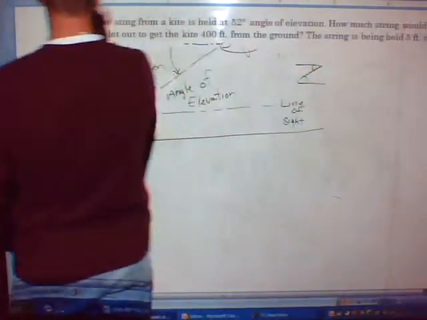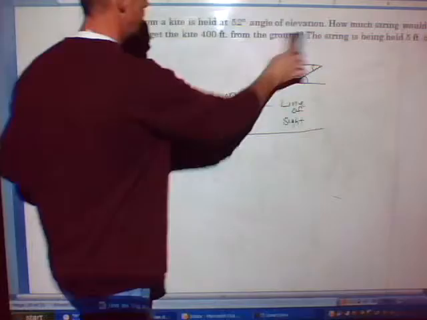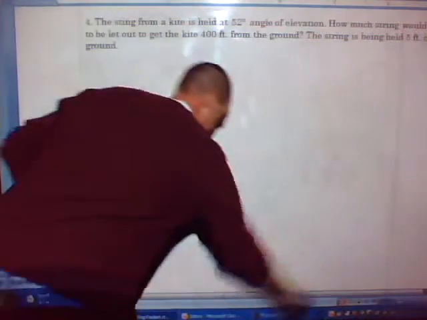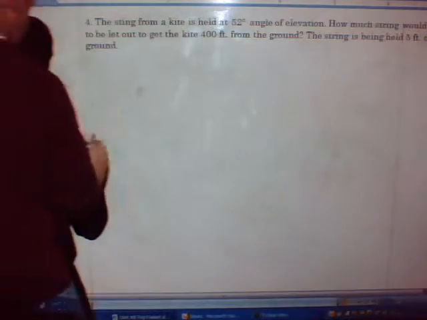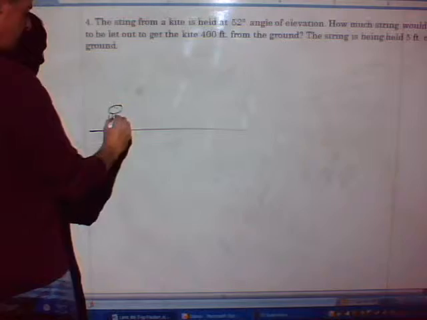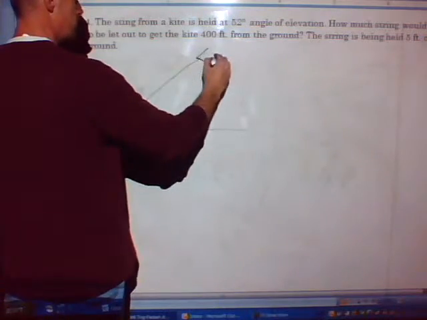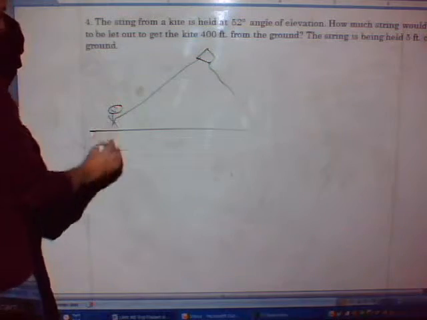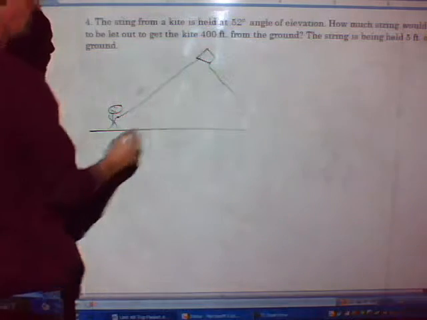So we've got the string of a kite is held at a 52-degree angle of elevation. We've got the ground, we've got a person, they are flying a kite. So here's a kite. And it says that it's being held at a 52-degree angle of elevation.